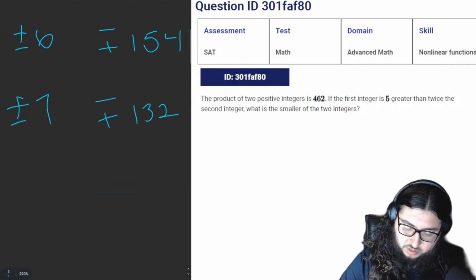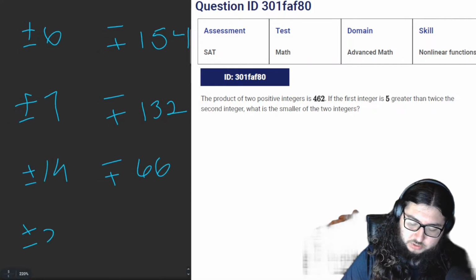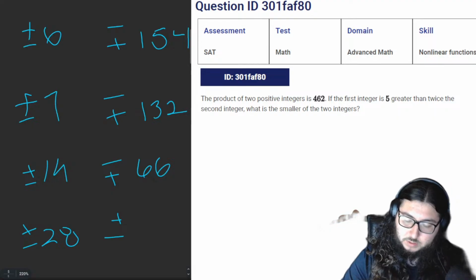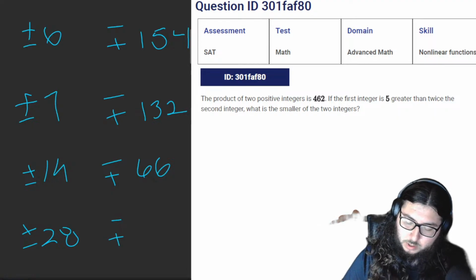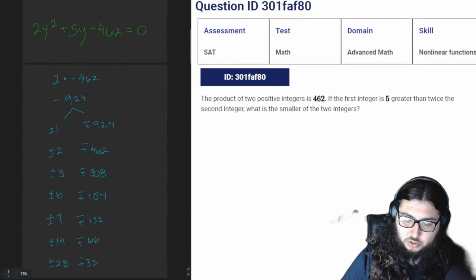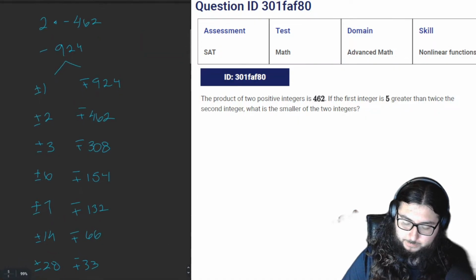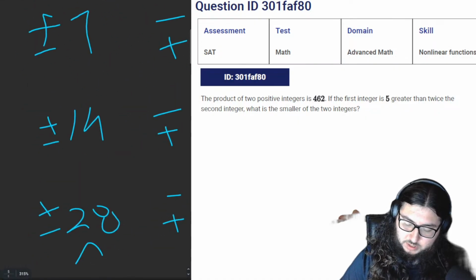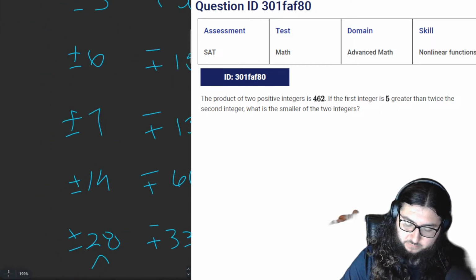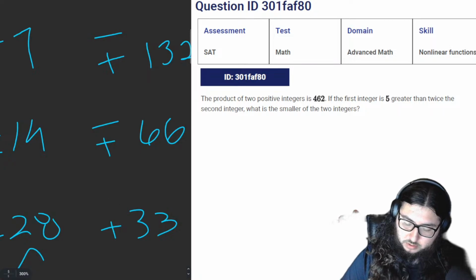Although we will see that plus or minus 14 minus plus 66 plus or minus 28 minus plus 33, and we found our factors. So it's going to be, we can break this up, and since we have a positive 5, it's going to be negative 28 and positive 33.